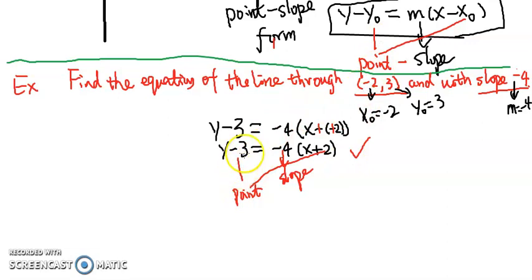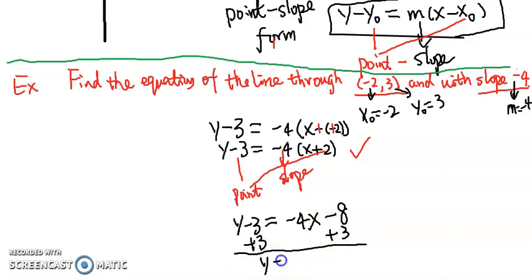If you want to continue to distribute a number to get rid of parentheses, we're going to have y minus 3 on the left, -4 times x, and then -4 times +2, that's -8. We can also add a 3 to both sides to get y by itself. y equals -4x plus 5.